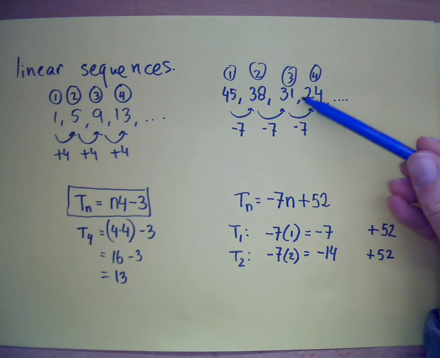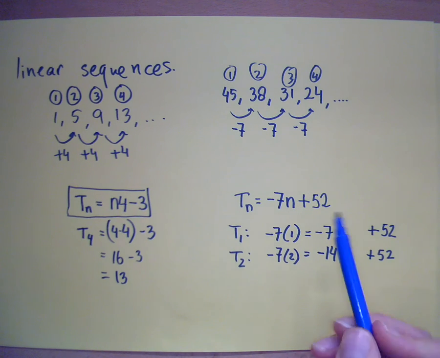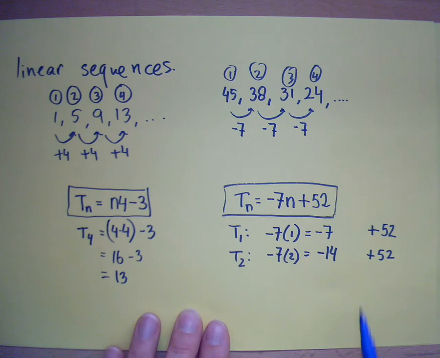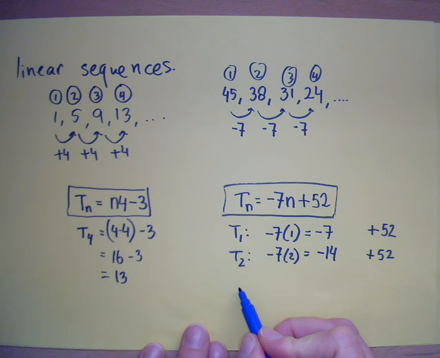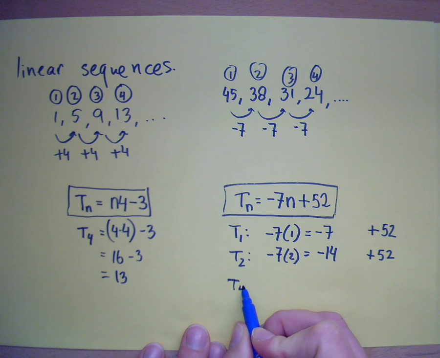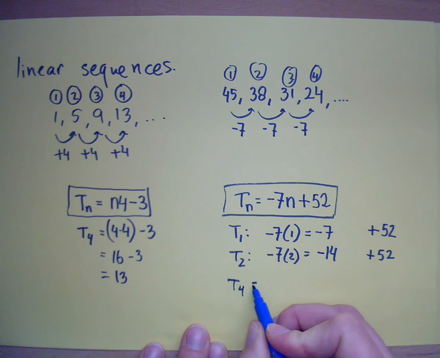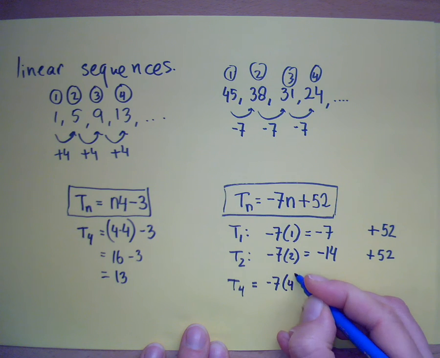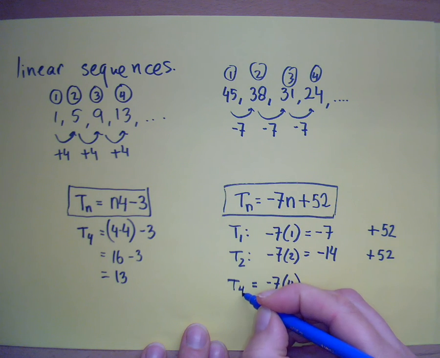Let's see if that works for the fourth term, right? Use this algebraic expression just to check our answer. Fourth term, term 4 equals negative 7 times 4, because n is our term number.